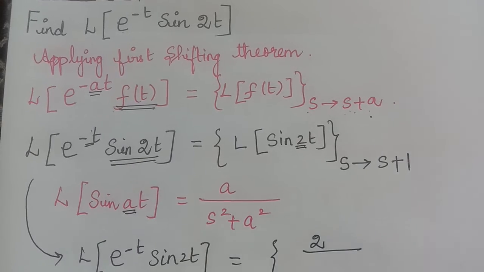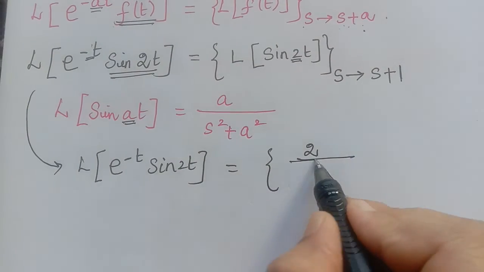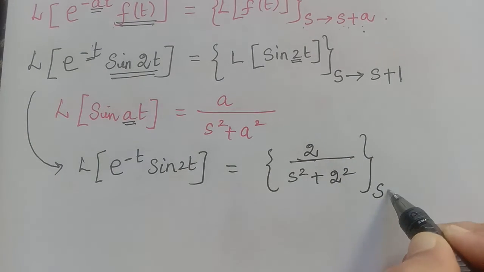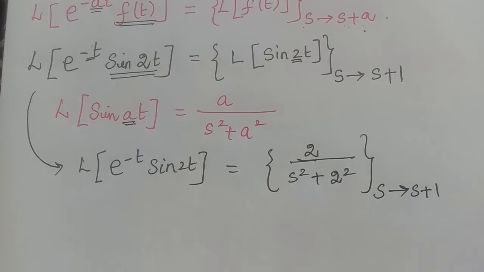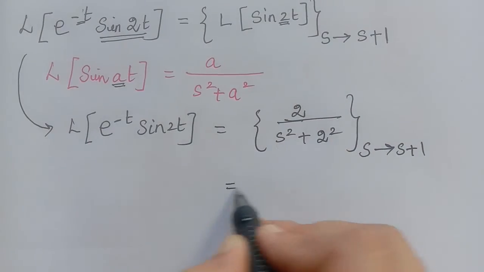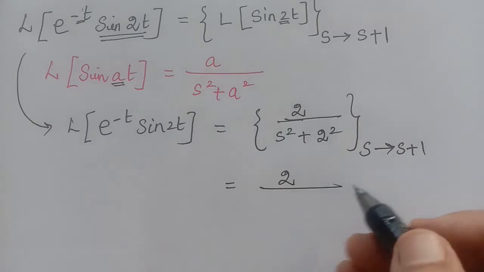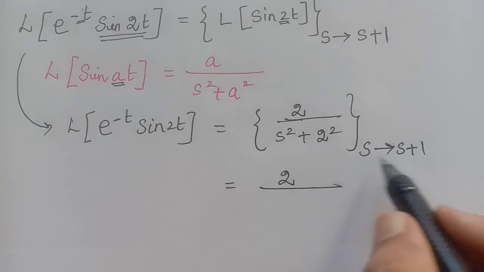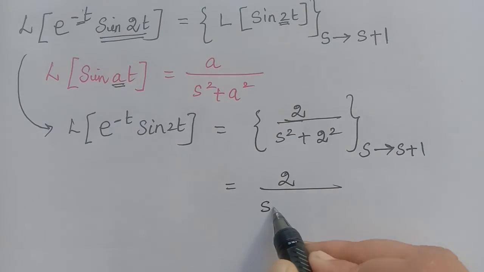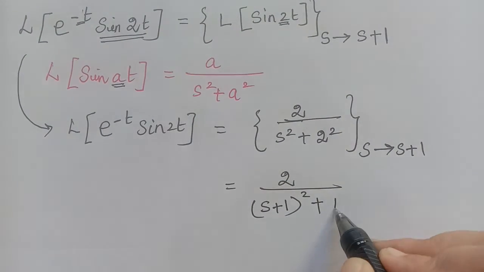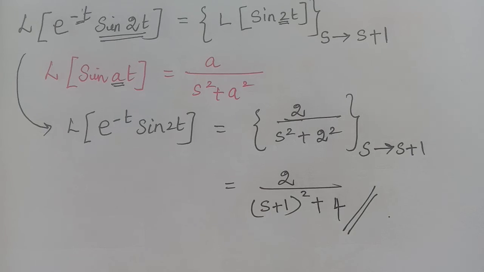So 2 divided by s square plus 2 square, and s has to be replaced by s plus 1. After replacing, let us remove the curly braces, and then it will be 2 divided by s plus 1 the whole square plus 2 square, which is 4. So this is the required result.